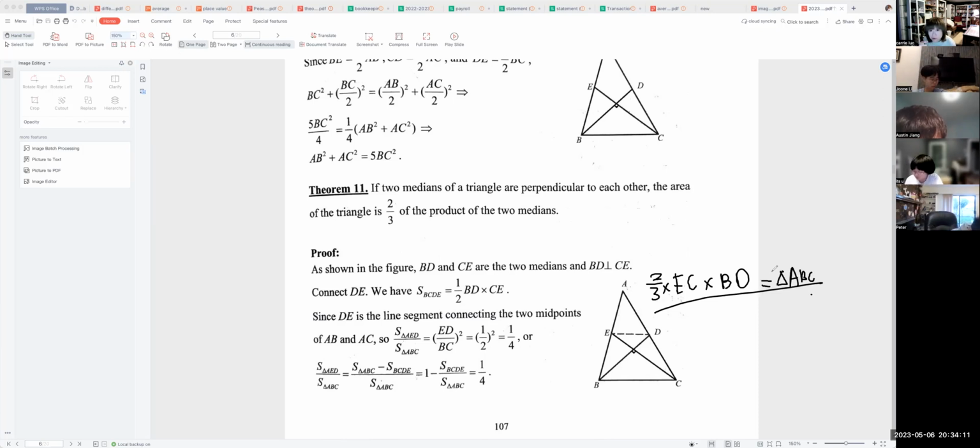Get it? The area of the triangle is 2/3 of the product of the two medians. Okay, 2 over 3 times EC times BD equals triangle ABC.